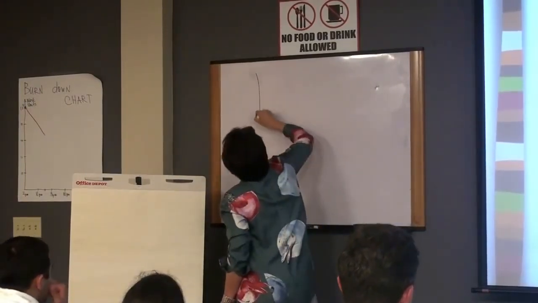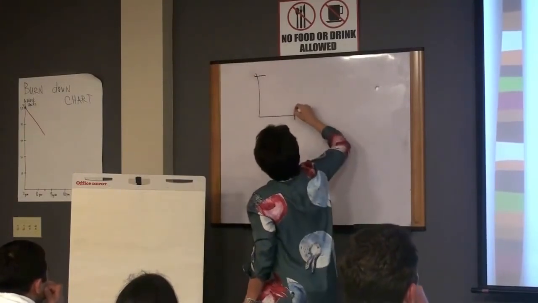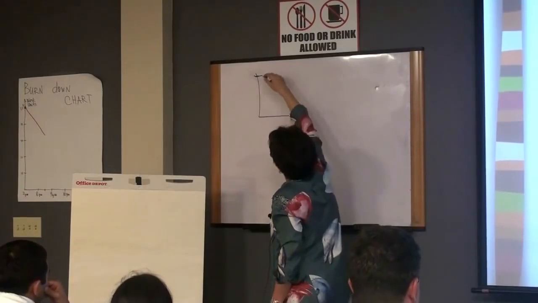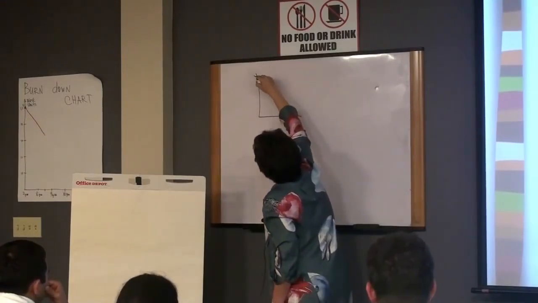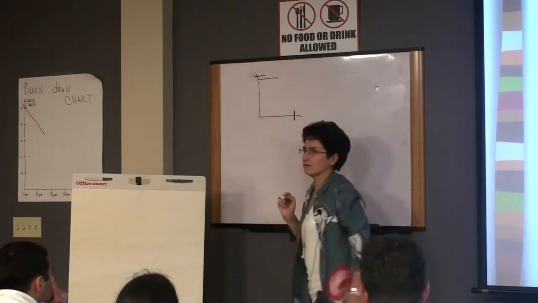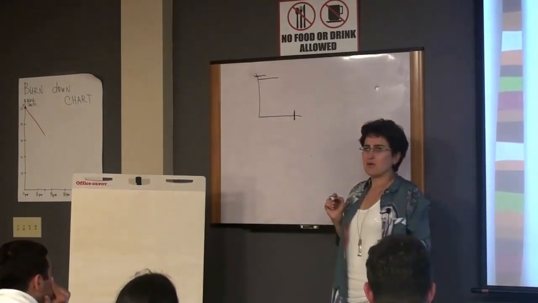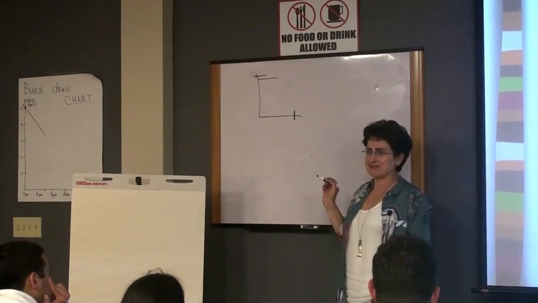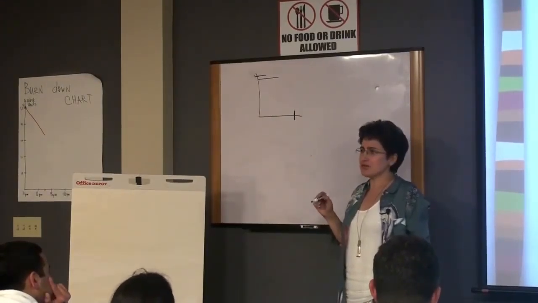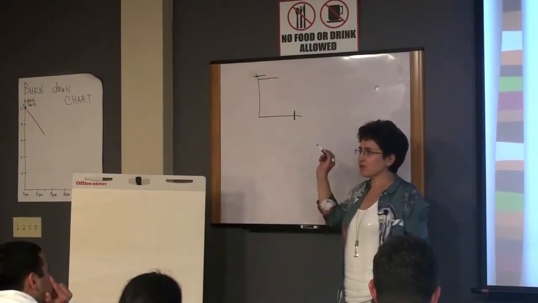So if this is your chart and this is the end of your sprint, and this is your maximum effort, the number of work units that you have, if you have a chart like this, what can you say about this chart? It's idle. Not too much work is being done. Why could this happen?